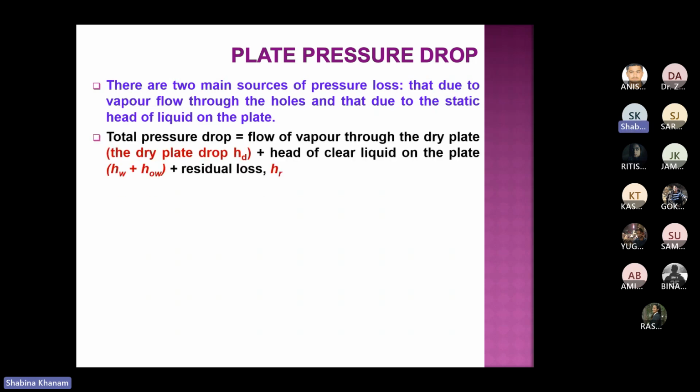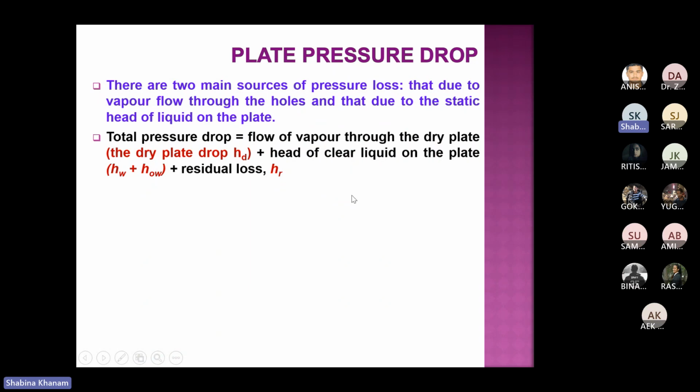The total pressure drop is the flow of vapor through the dry plate, the dry plate drop, which we represent as hd. Dry plate means we do not have any liquid so far.